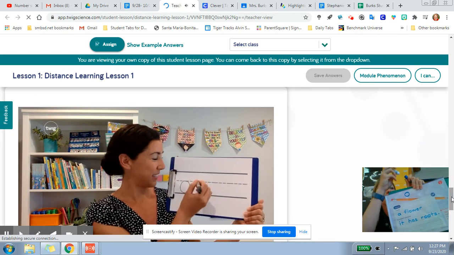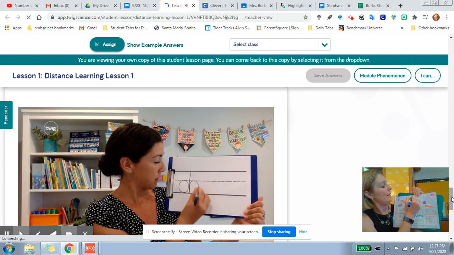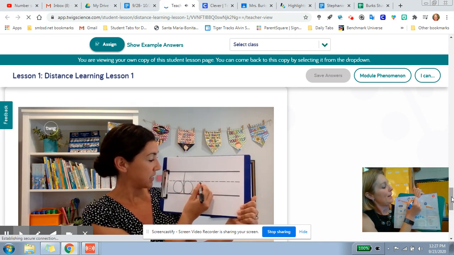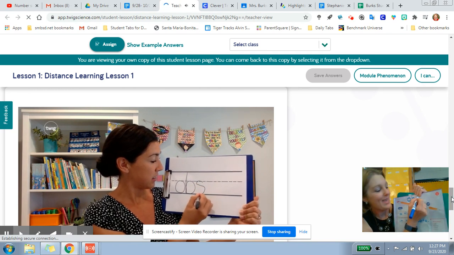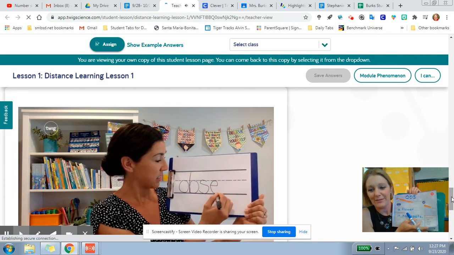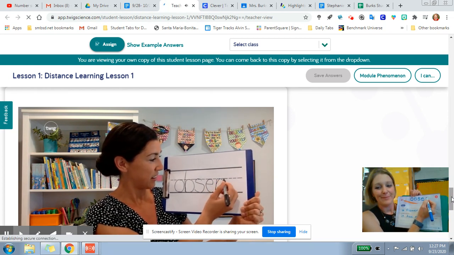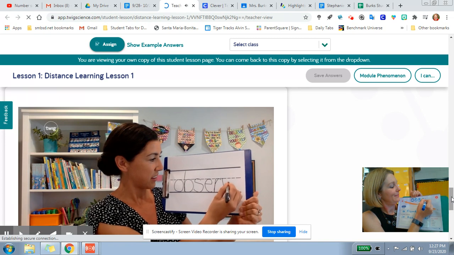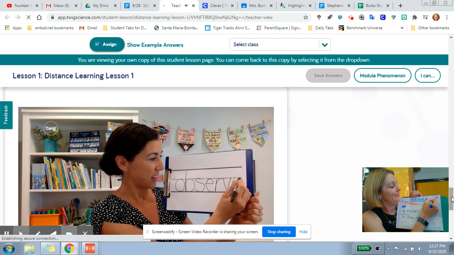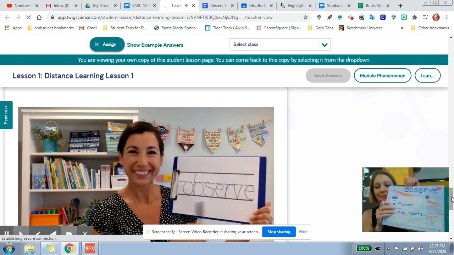O, B. B, straight line down, up and make a bump. S is a snake around. R. V. E. Observe.